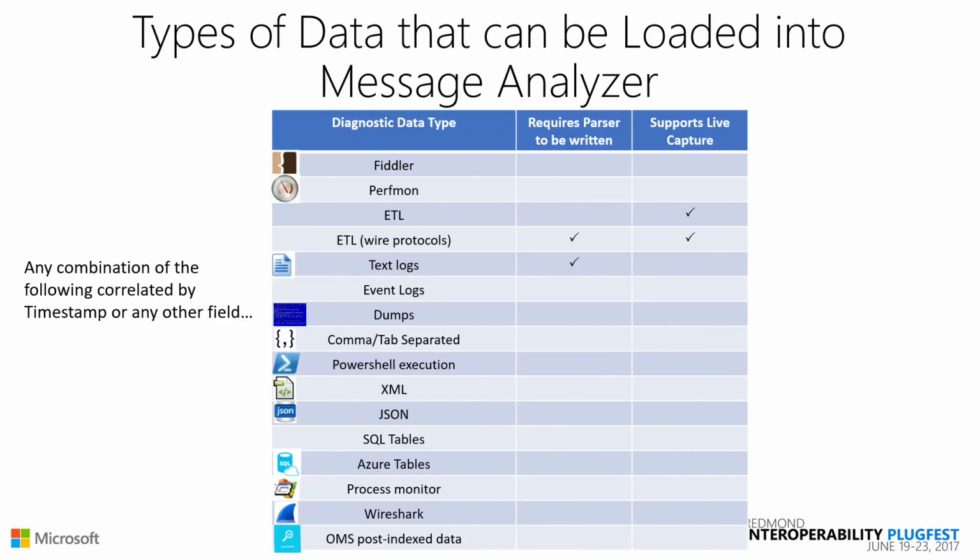And the other way, if you want to load your capture file which you generated from Message Analyzer and view it in Wireshark, for example, if your coworker doesn't have Message Analyzer and he used Wireshark, you can save the capture file from Message Analyzer to a file format Wireshark can recognize. And also there are many others, like text logs, event logs, and others, even SQL tables.